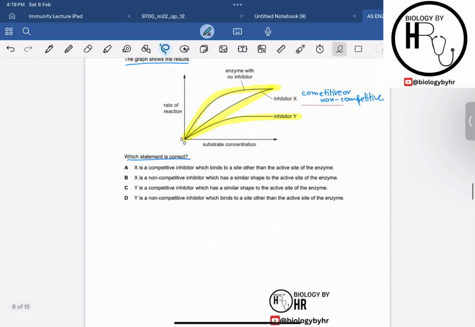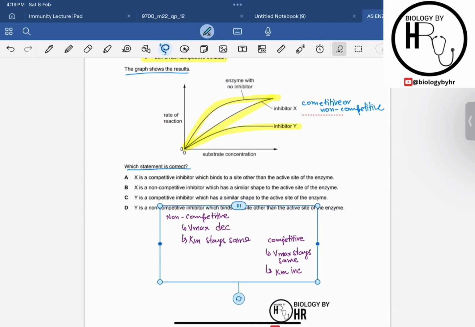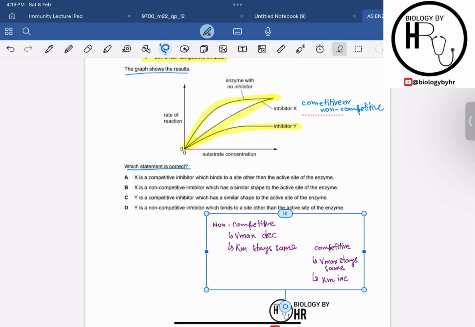The key points basically we studied about them, right? Now for the non-competitive inhibitor, the Vmax decreases and the Km stays the same. Vmax is the maximum rate of reaction, right? And for the competitive inhibitor the Vmax stays the same and the Km increases, right?